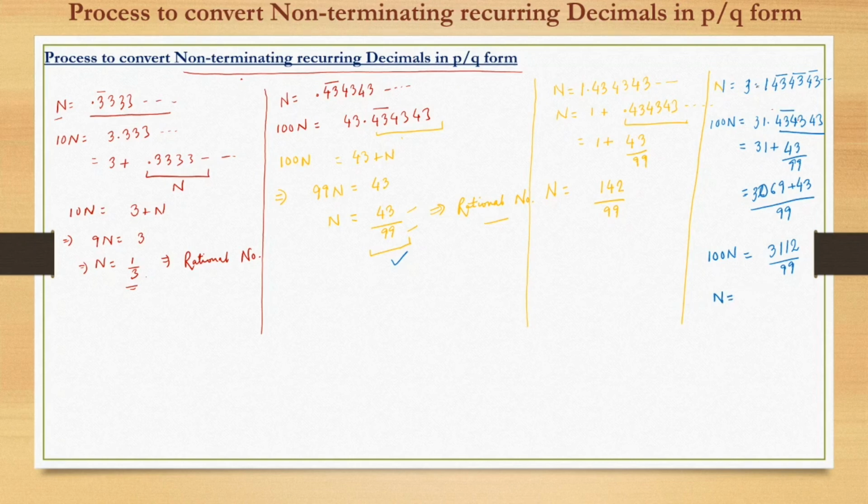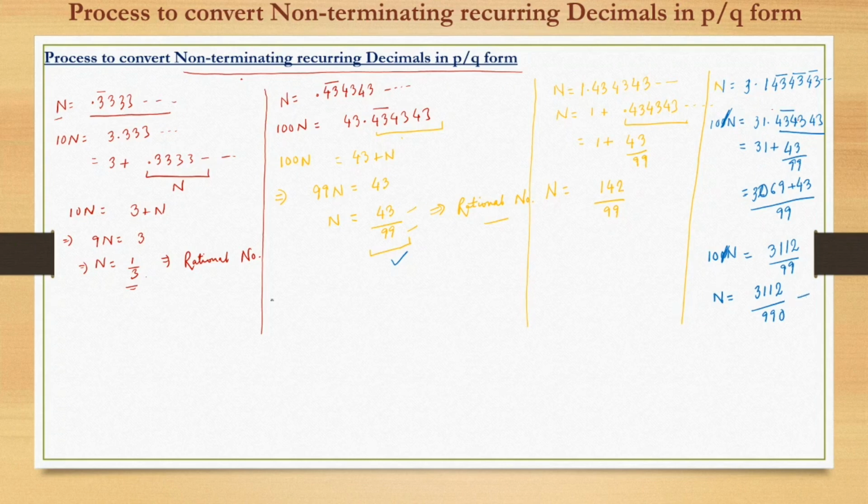Sorry, this is 10n only, we'll multiply with 10. Then we'll get 31.4343. This is only single n. So n becomes 3112 by 99, and this 10 will come here. So this is the form which we have got.